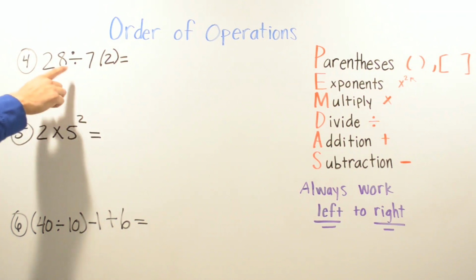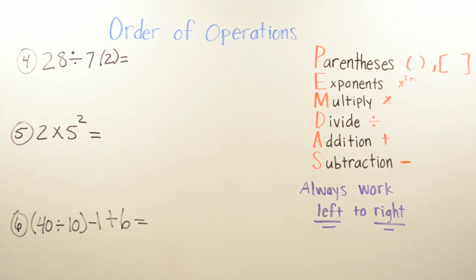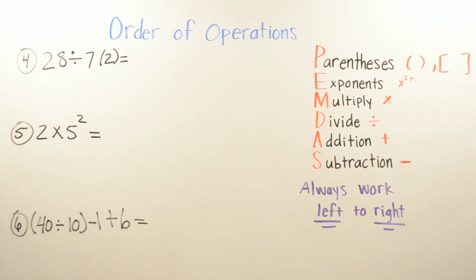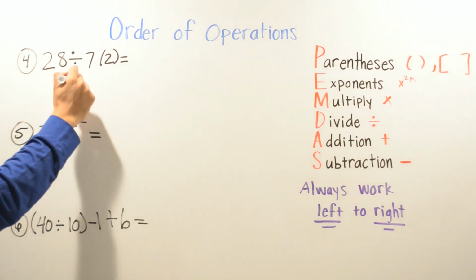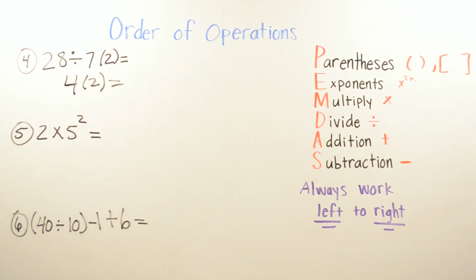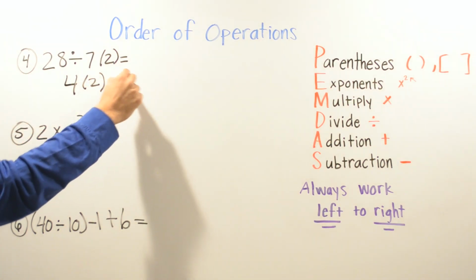So if division comes first, we go ahead and do division first. In this case we're going to divide and then we're going to multiply. So 28 divided by 7 is going to be 4. Then we're going to multiply that by 2. So 4 times 2 is 8.